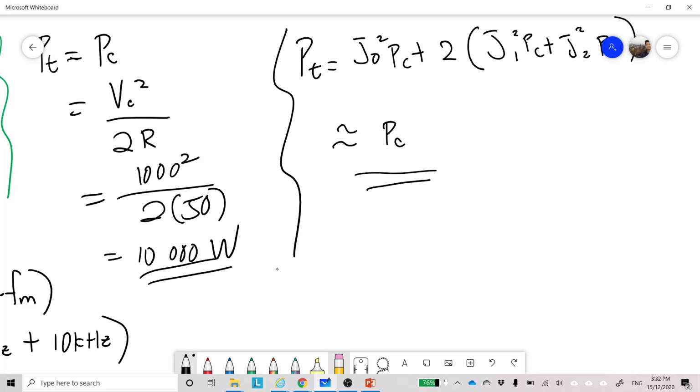Example 3.9 is done. We can go to example 3.10. Okay, example 3.10. Sekejap.